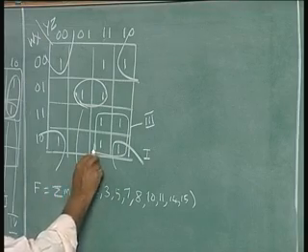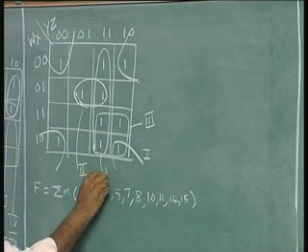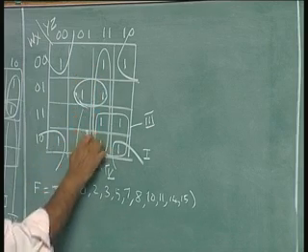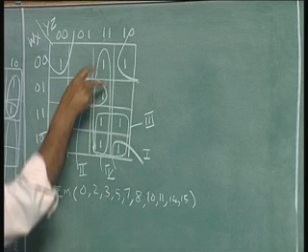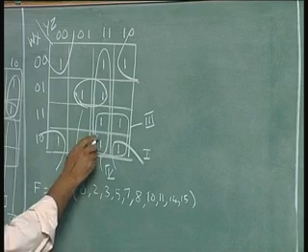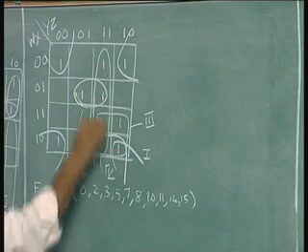I can do it this way. I will call this 4. These 4 ones are adjacent to each other because this is adjacent to this and so forth. Or I could have combined these 2 ones and these 2 ones. So, either this way or this way.